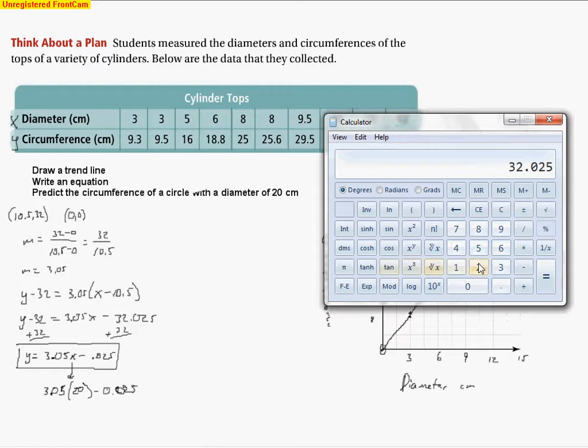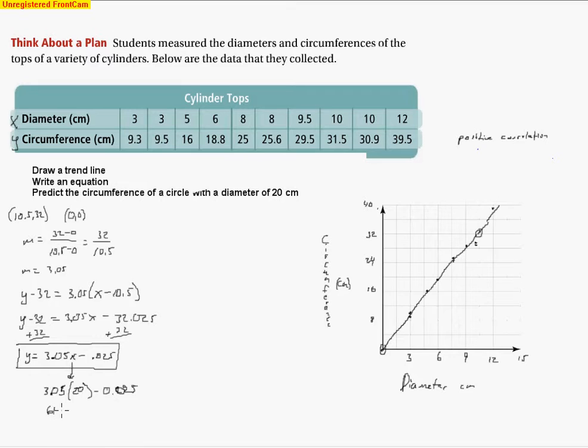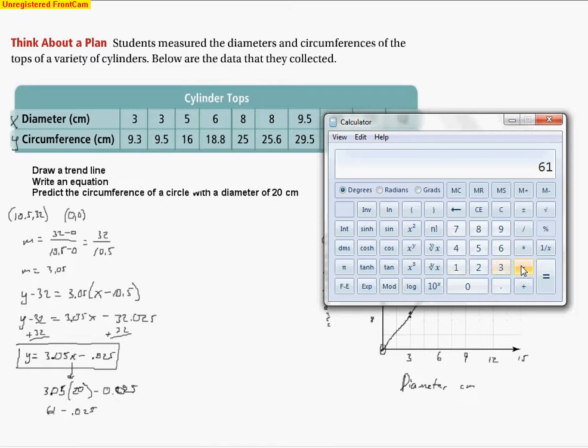So we have 20 times 3.05, and that gives me 61. So 61, and then I have to subtract that 0.025, and so that's going to give me a decimal somewhere a little bit smaller than that.